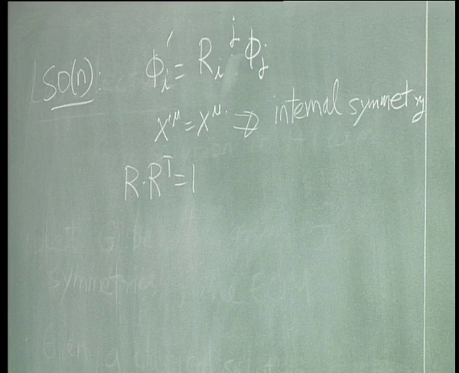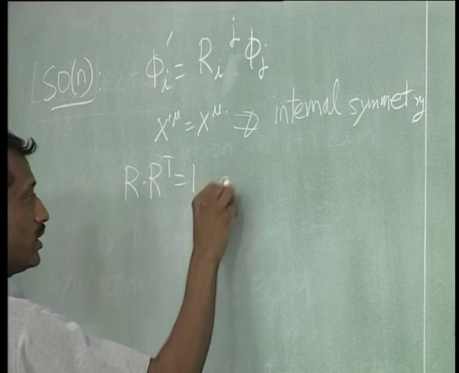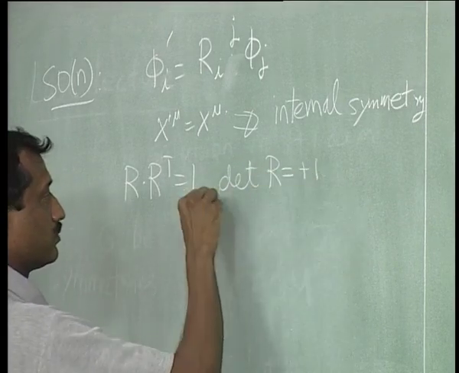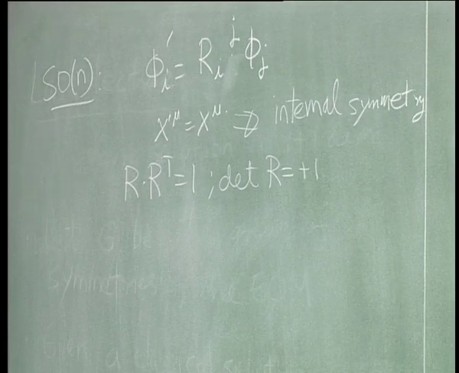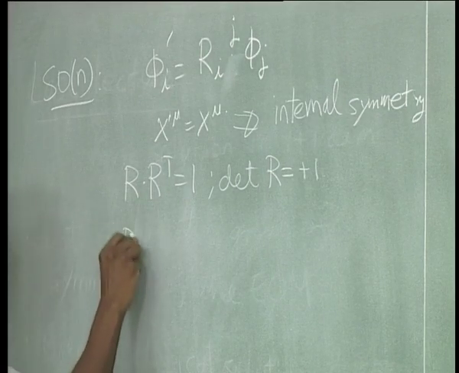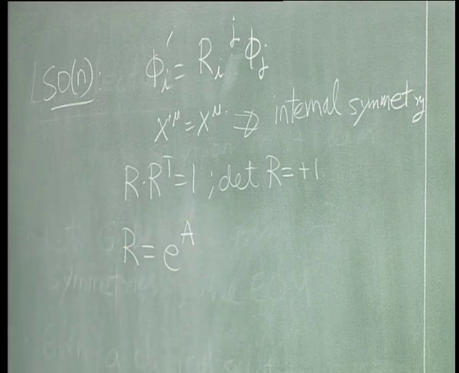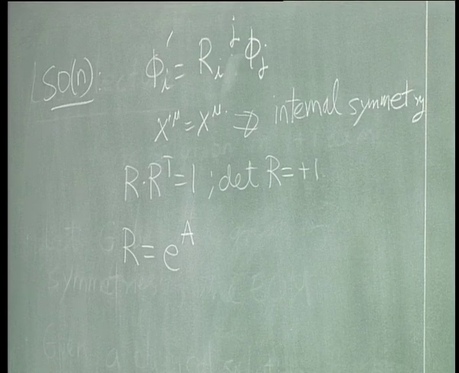So, I can break it up into a discrete Z2 and this thing which we know, and determinant R equal to +1. So, these are the two conditions I impose on this. Of course, we also know that R, once I do this, can be written as e to the power A, where A is any antisymmetric n by n matrix.